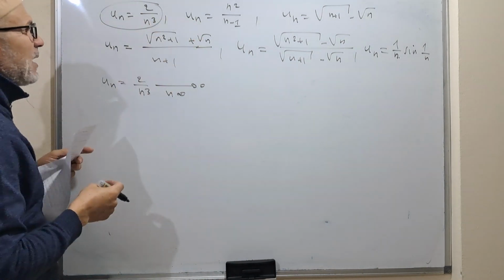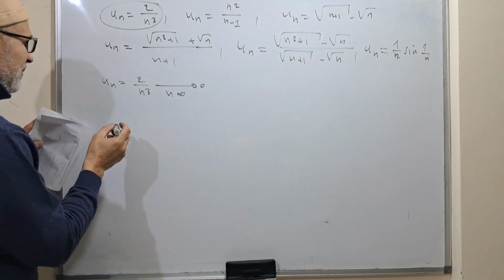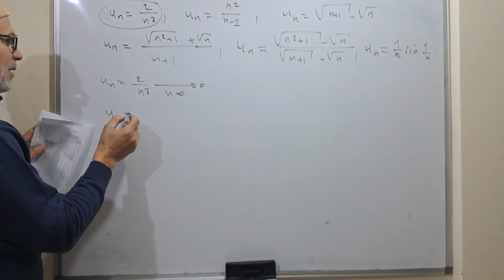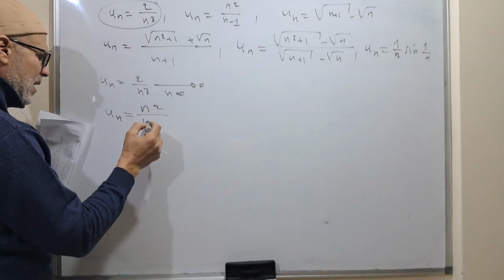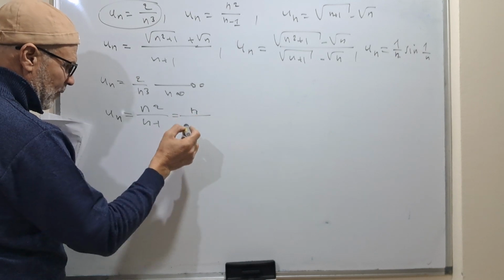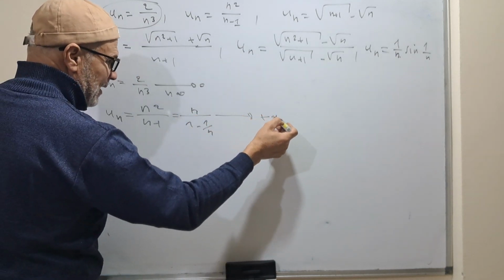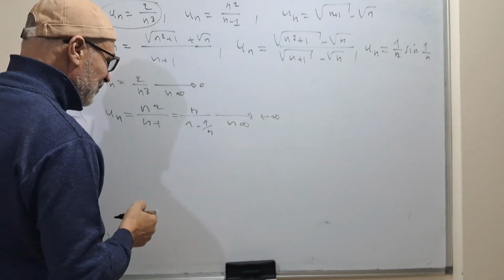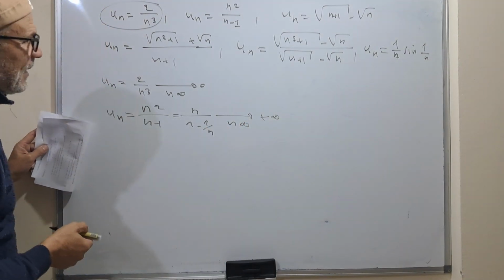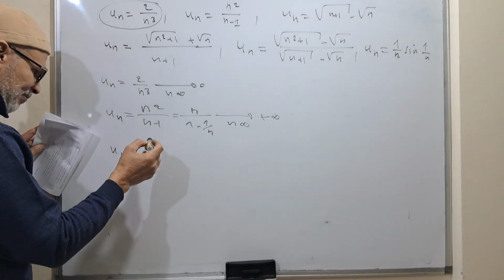For the second one, un equal to n square over n minus 1. This is equal to n over 1 minus 1 over n, and it goes to plus infinity when n goes to infinity.